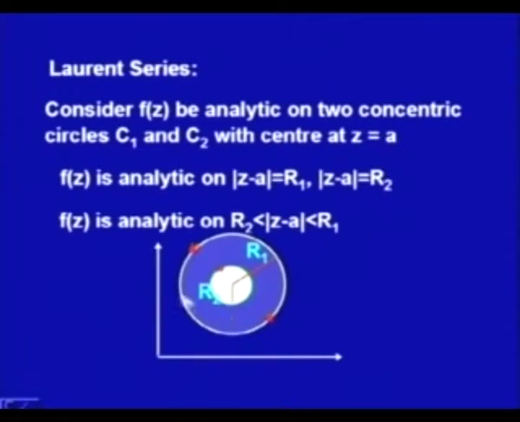So, that is why we say if f z is analytic on two circles C1 and C2 with center at z is equal to a, in other words we can write it as the function is analytic on modulus of z minus a is equal to r1. It is a circle of radius r1 centered at z is equal to a, and another concentric circle centered at the same point a and of radius r2, and together with this f z is analytic inside this annular region.